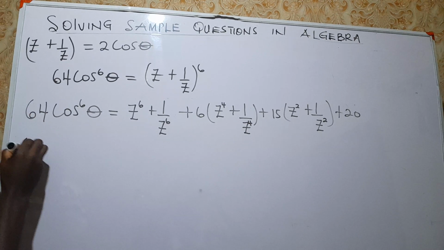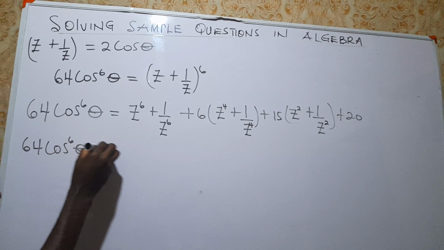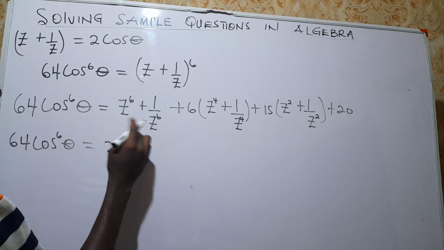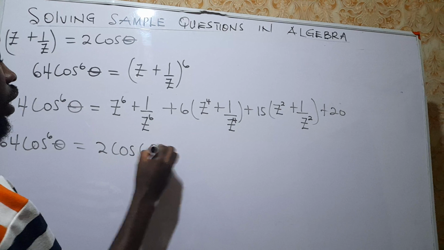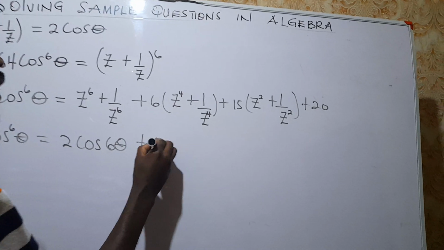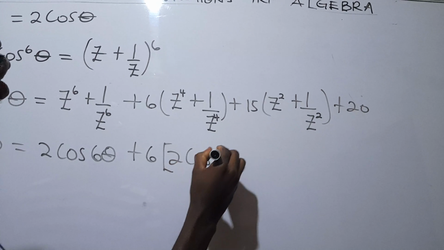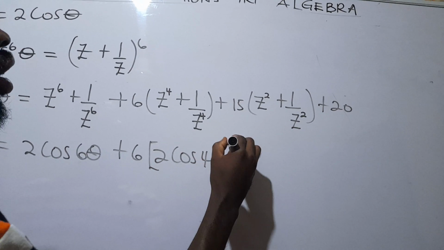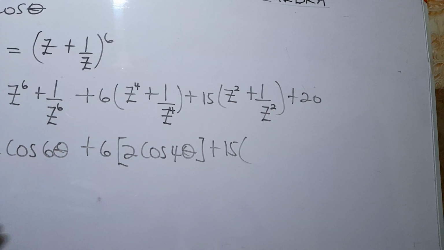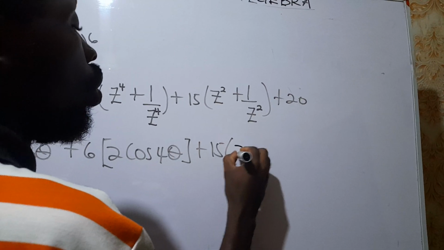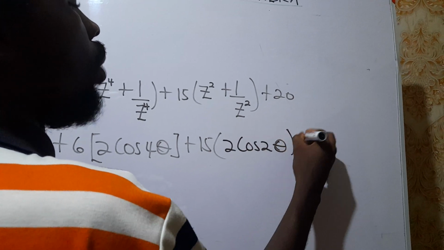So we can say that 64 cos exponent 6 theta will equal to 2 cos 6 theta, then plus 6 bracket, this will be 2 cos 4 theta, then plus 15, this will be 2 cos 2 theta, then plus our 20.